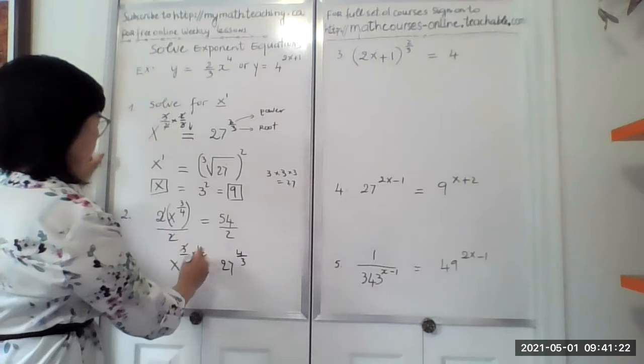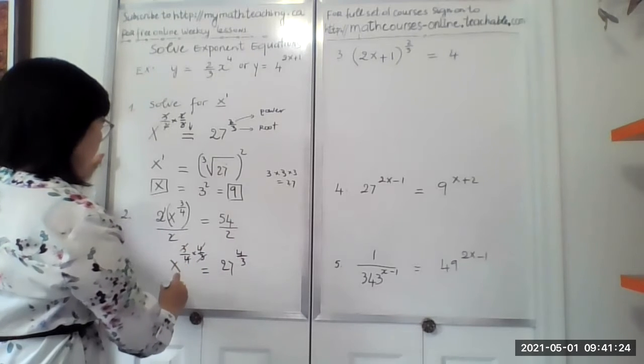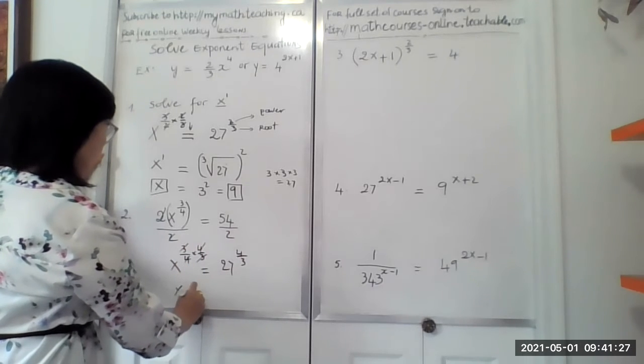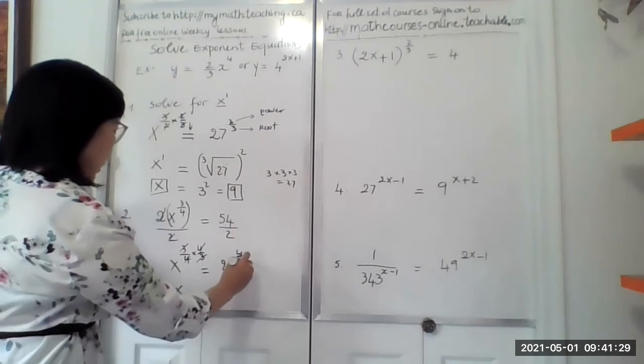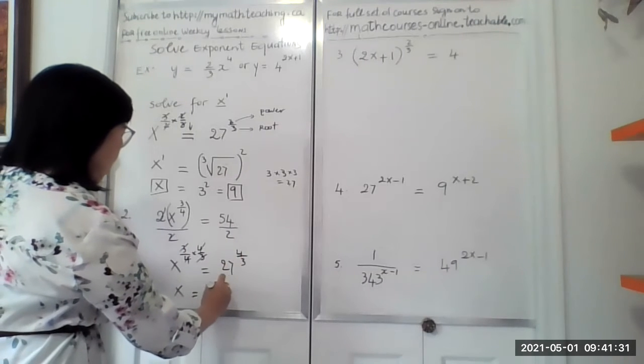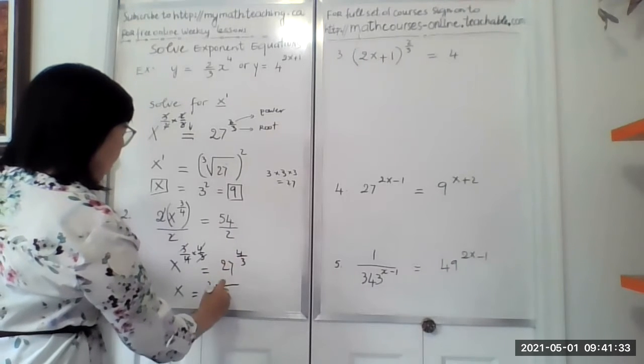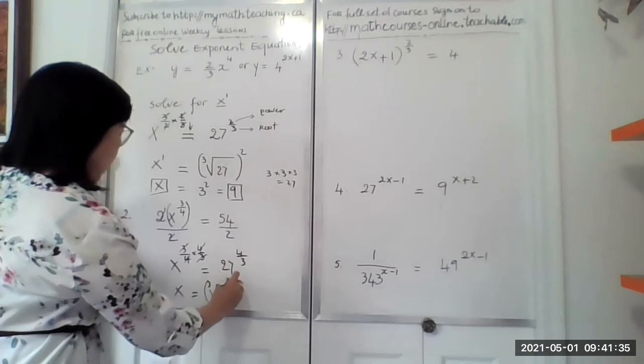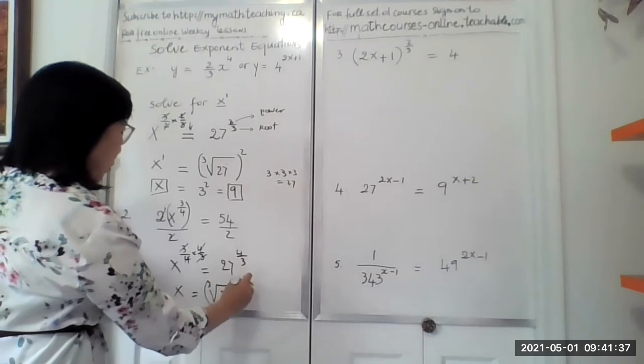So here I can cancel, and again I'm left with x to the power 1, and here I can turn it into the third root again for 27, but this time with power 4.